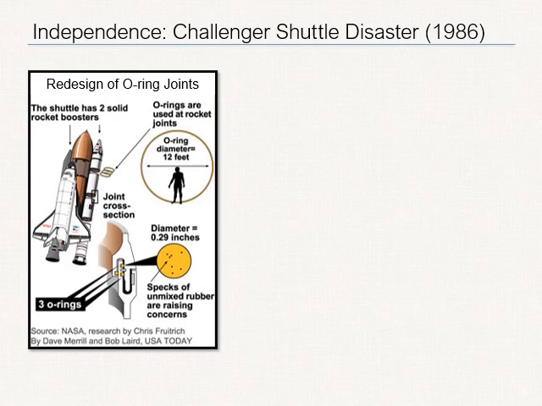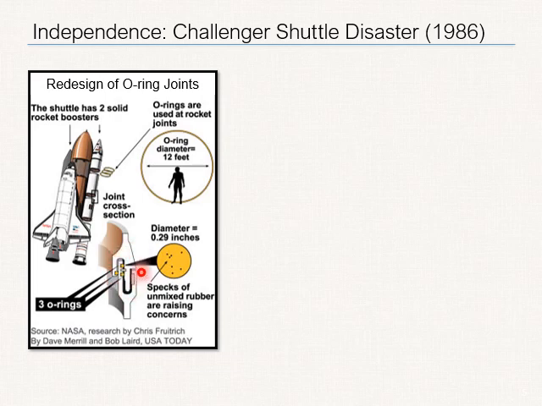They're assembled in 4 parts, so they have 3 joints, and in those joints there are these O-rings. You can see that these O-rings are only about a third of an inch in diameter in cross section, but the boosters have a rather large diameter, about 12 feet.